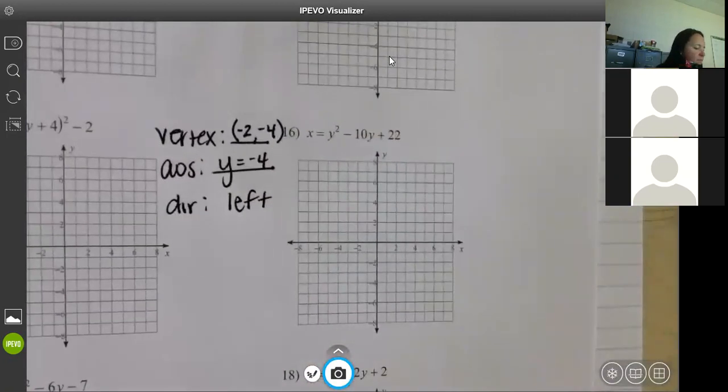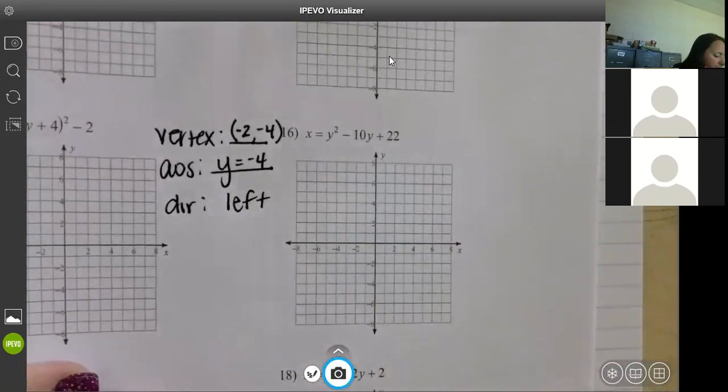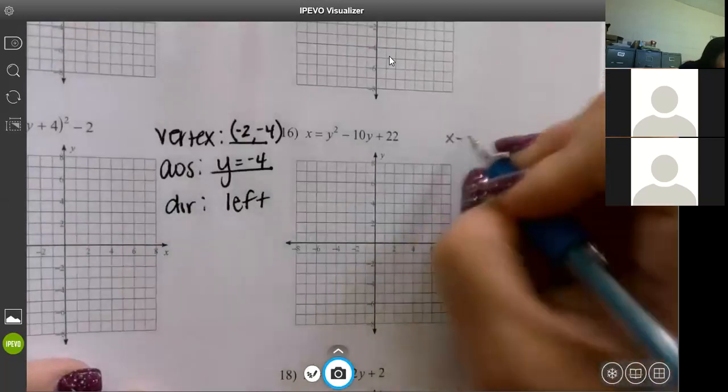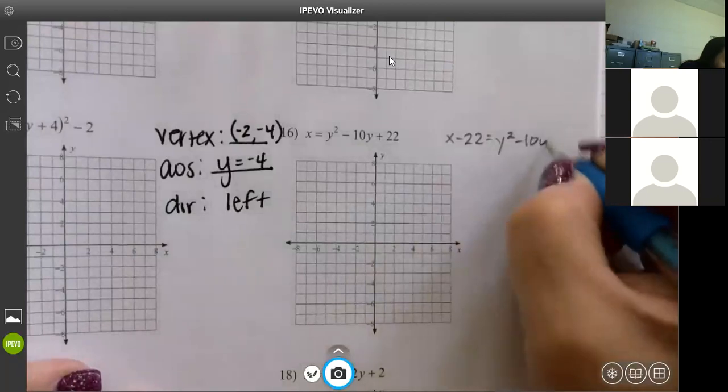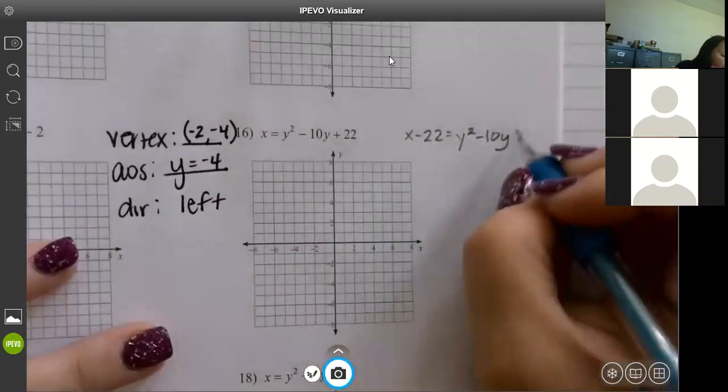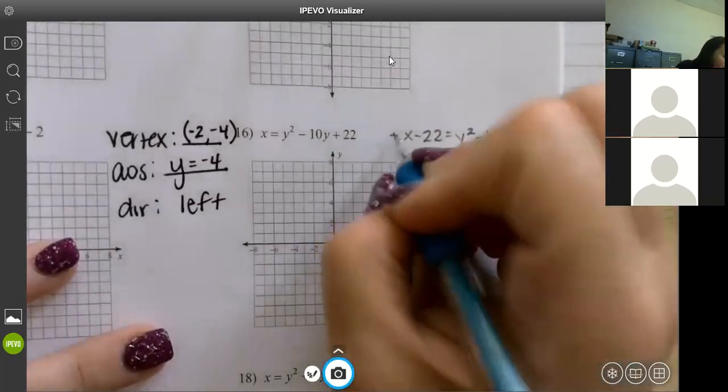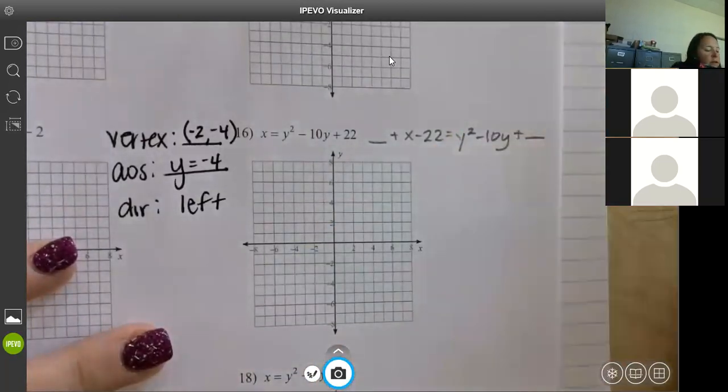How do I fix this one? Move the 22. So we get x minus 22 equals y squared minus 10y. There's nothing to take out. So we can go ahead and put our blanks. 10 divided by 2 is 5.